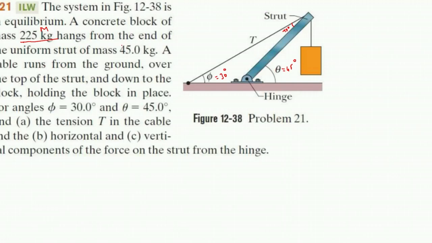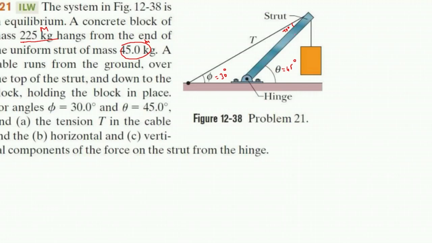Small m, which is the mass of my beam, is equal to 45. I have this cable here holding the other extremity of my beam, and this extremity is hinged. So you see the system. Now the question is, what is the tension in the cable, and what are the horizontal and vertical components of the force on the strut from the hinge?